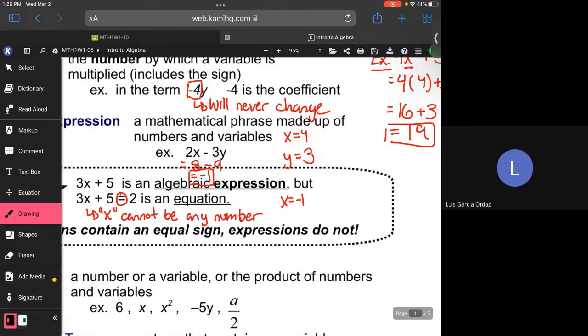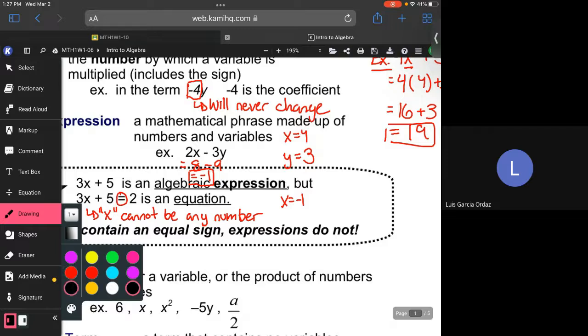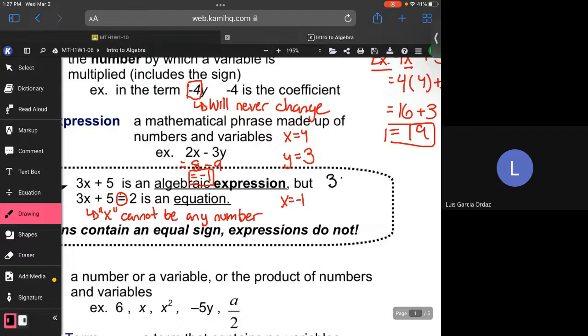But let's see if I assign x to be -1, if my equation is true. So I have 3x plus 5 is equal to 2. Gian said x has to be -1, so let's try that out. Wherever I see x, I'm going to plug in the number -1. So I get 3 times -1 plus 5 is equal to 2.